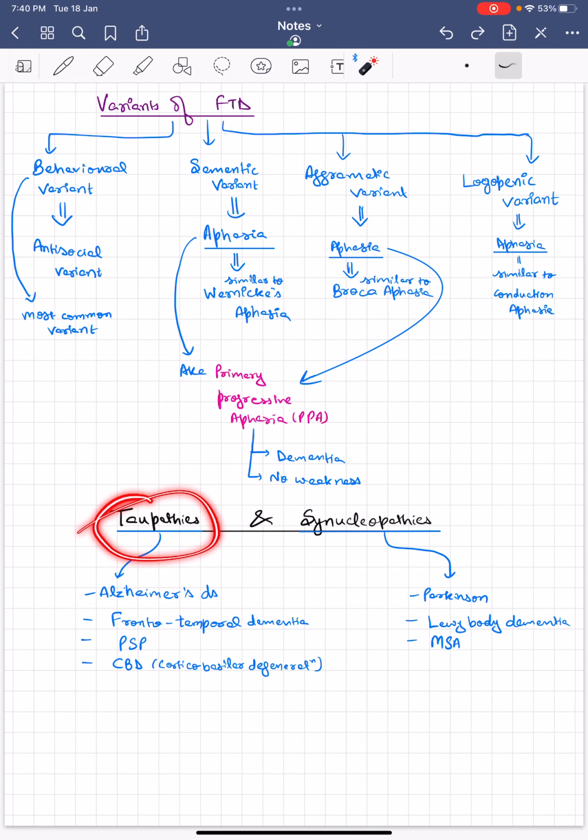There are tauopathies, there are synucleinopathies. Tauopathy, as we have just read about Alzheimer's disease, frontotemporal dementia, Parkinsonism plus disease.